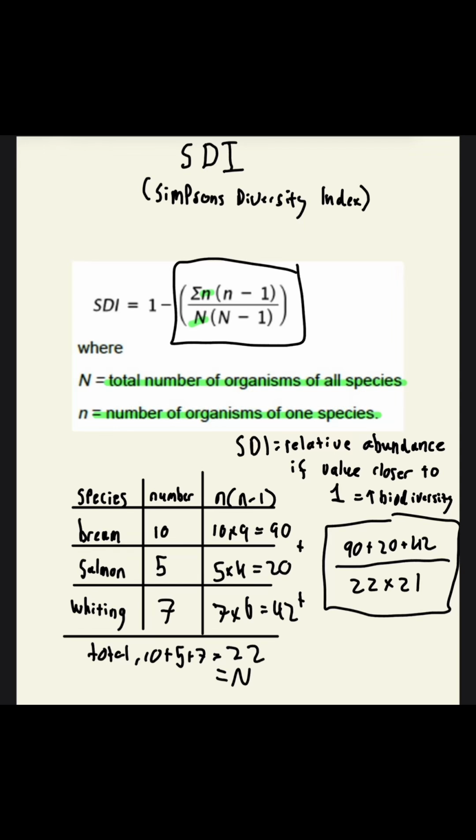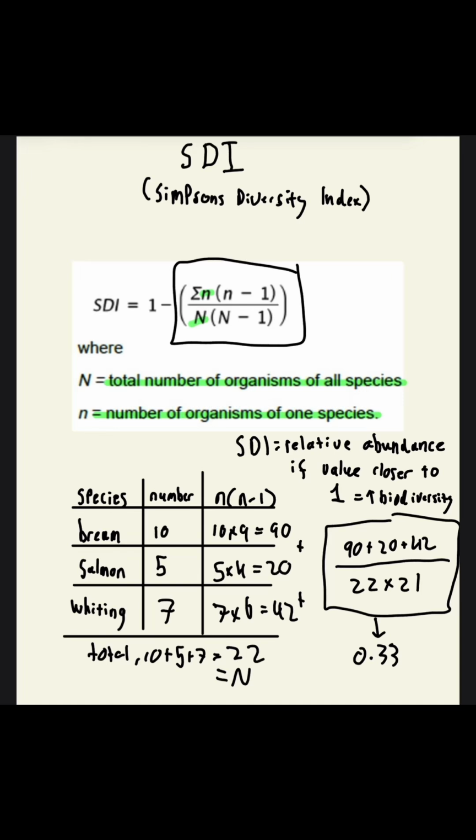So if we put that in our calculator, we'll get a value of 0.329. We'll just round that up to 0.33.